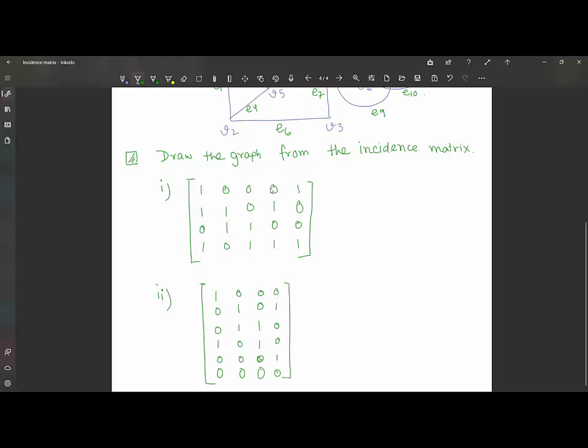This is another matrix. This is a 6 cross 4 matrix. So 6 vertices and 4 edges are there, and here total 4 cross 5, so 4 vertices and 5 edges are there. So just draw the graph of the incident matrix.